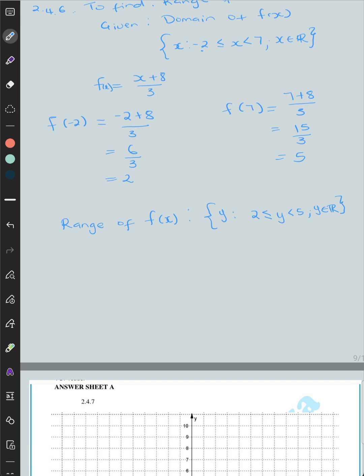Or you can write it with interval notation as y is an element of 2 included and 5 not included, where y is an element of all real numbers.